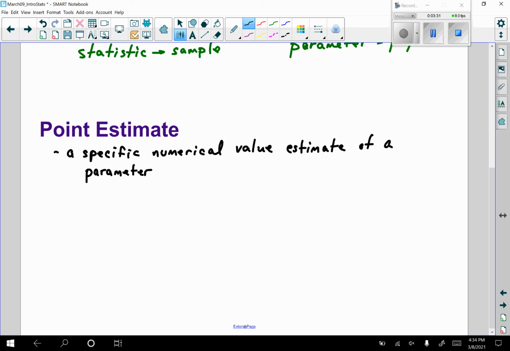The best point estimate of the population mean is going to be the sample mean. I'm just going to abbreviate estimate here. So the best point estimate of mu, the population mean, is the sample mean, x bar.